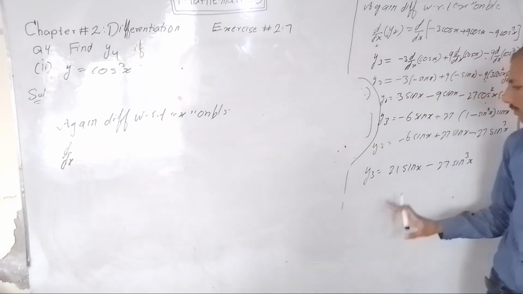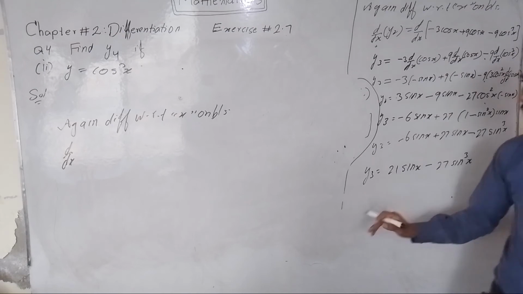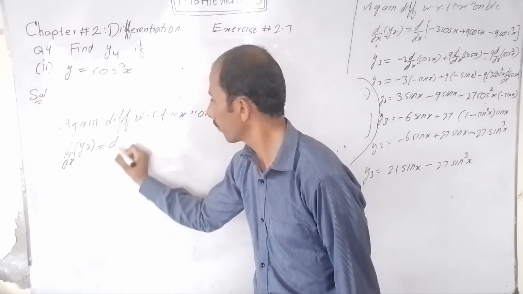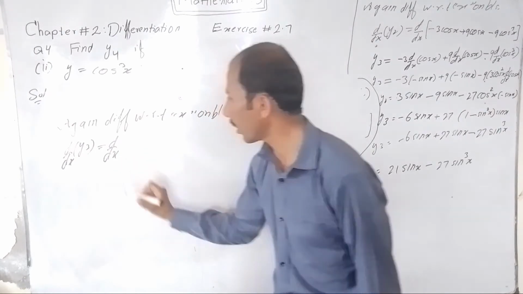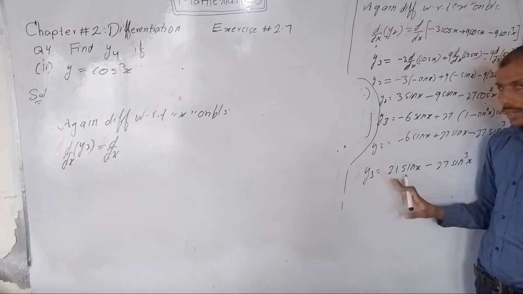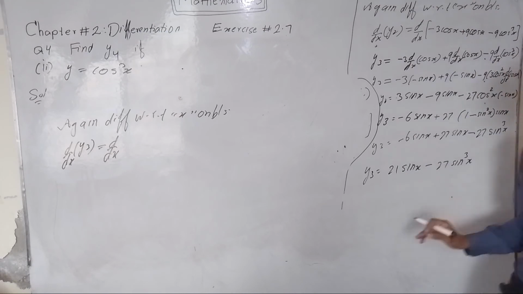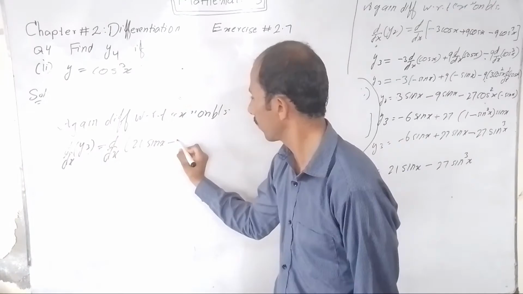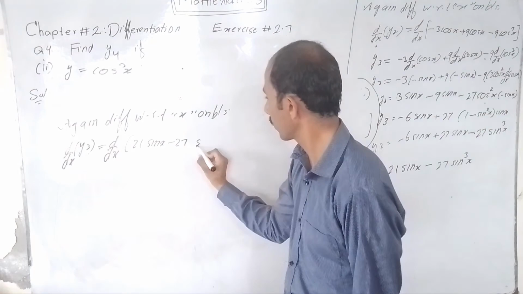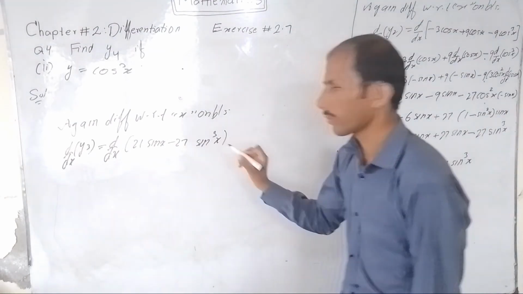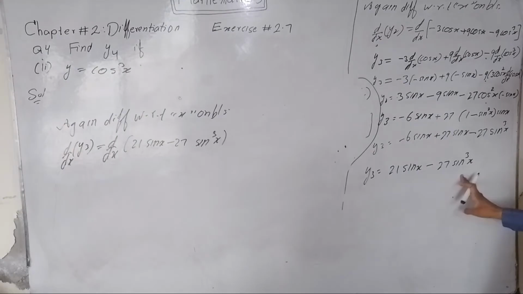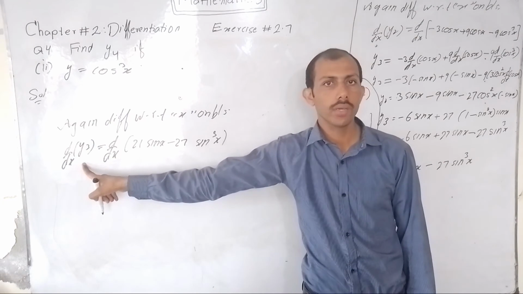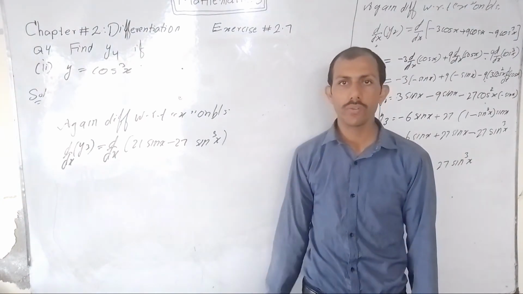Derivative of y3 is equal to the derivative of 21 sin x minus 27 sin cube x. The derivative of y3 with respect to x is equal to y4.